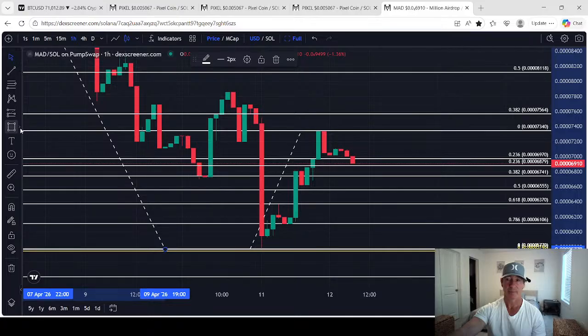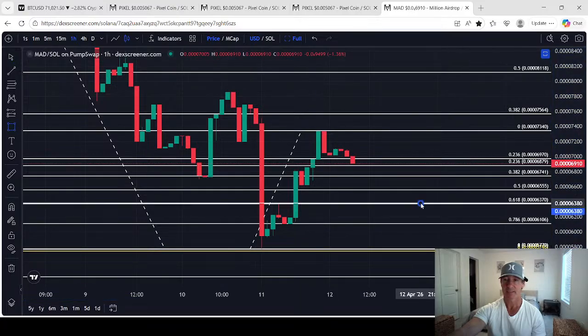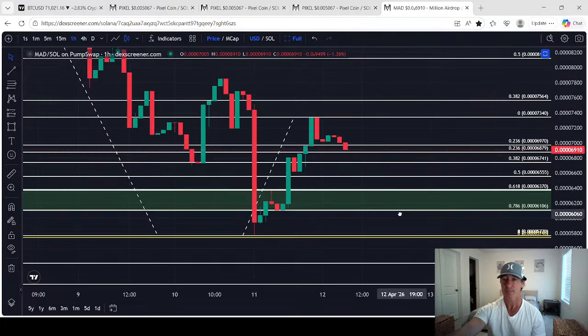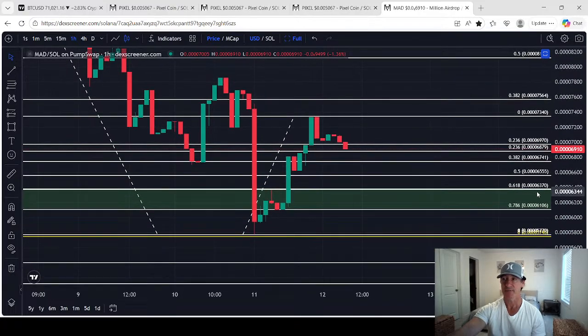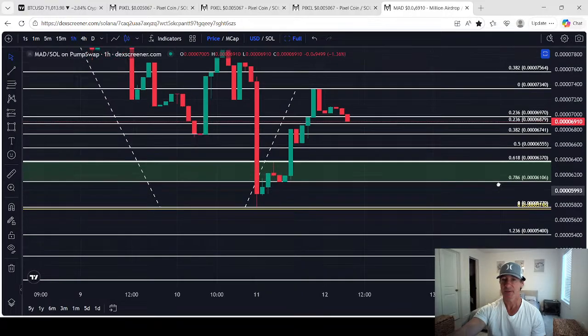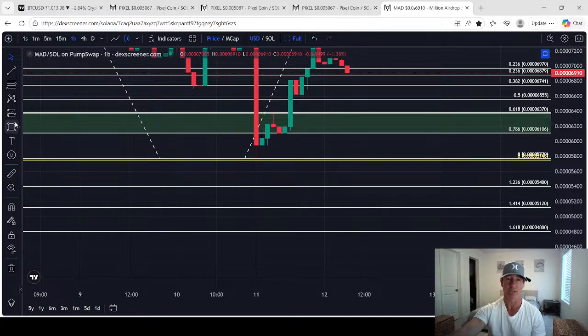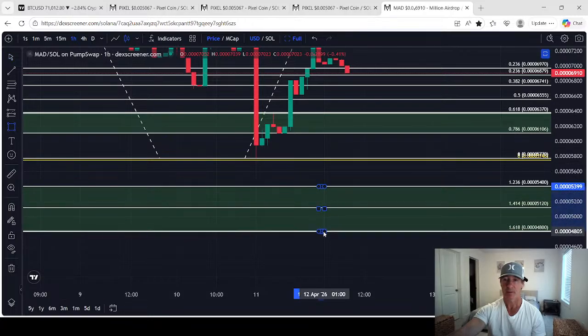So we want 618, 786 to be your first support right here at 0.406370 and 0.406106. Not coming down to lower lows. At the 1.236 at 0.4054 and the 1.618 at 0.4048.